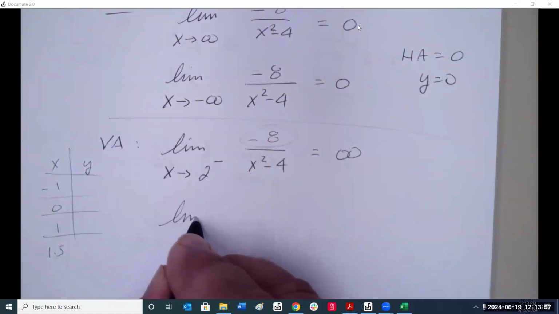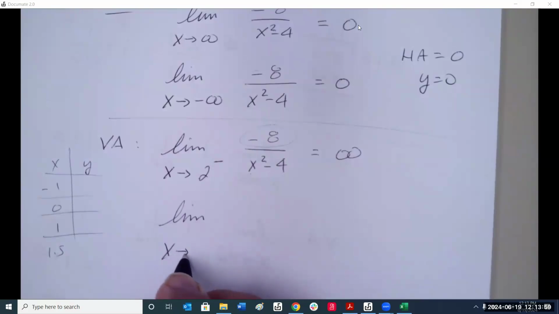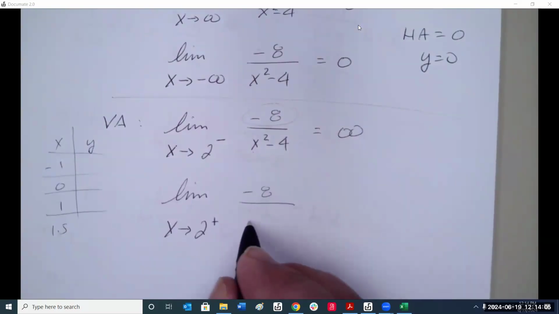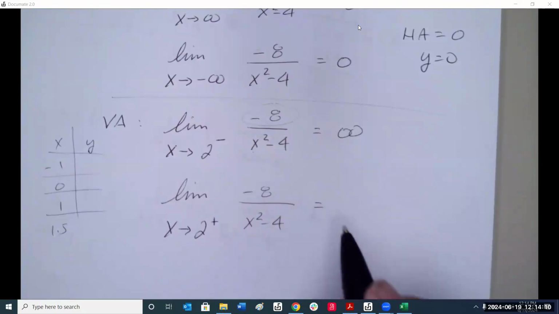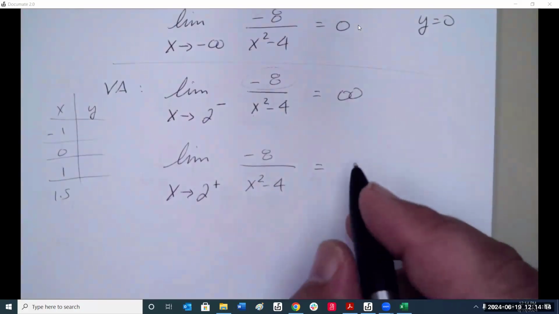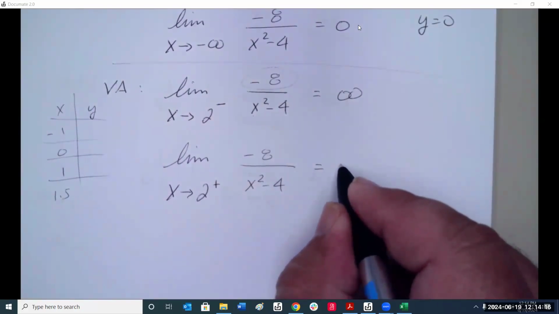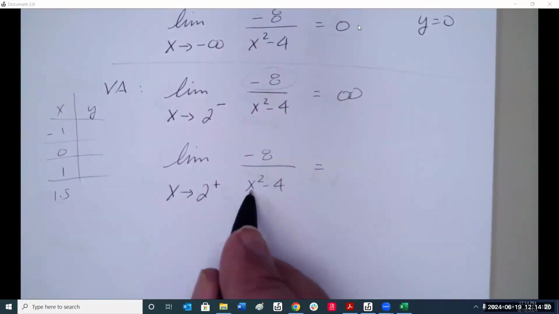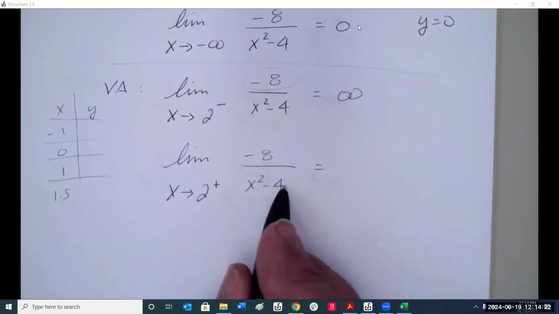Now, as x approaches 2 from the right, negative infinity, right? Because now all these values here, 3 squared minus 4 is going to be positive.